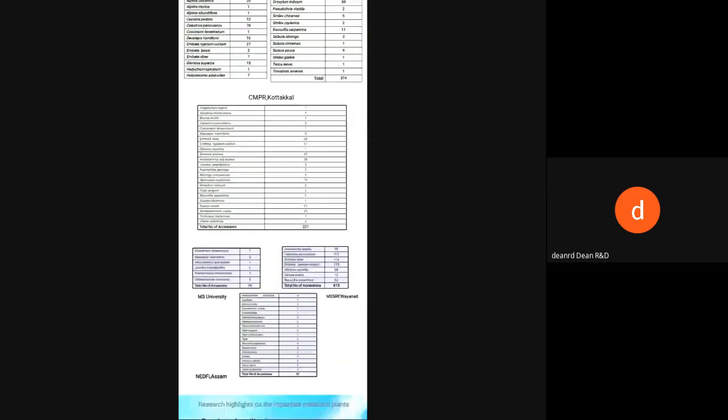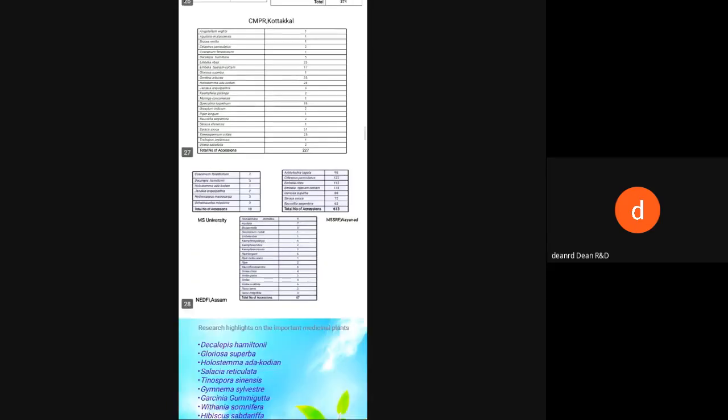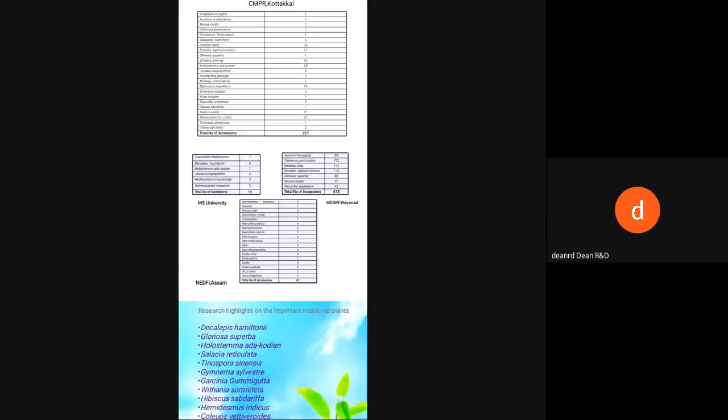This is a collection from Kottakkal Aryavaidya Sala germplasm collection, and the next one is from MS Swaminathan Research Foundation in Wayanad, and the other one is from an organization in Assam.